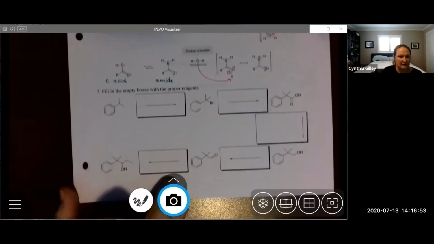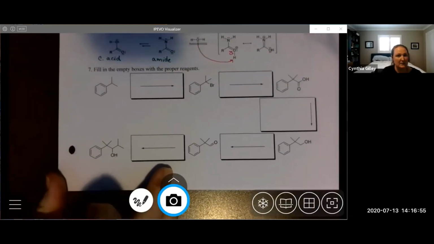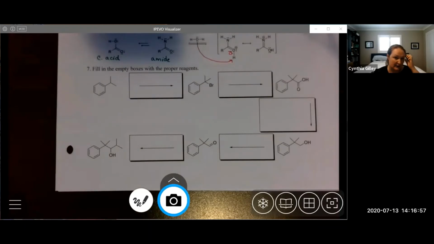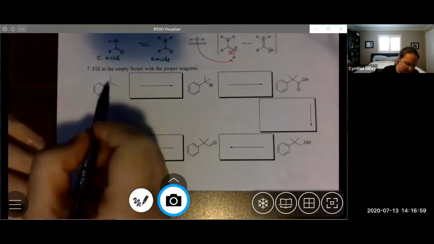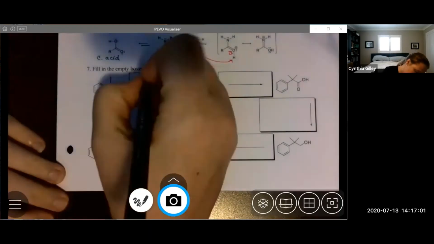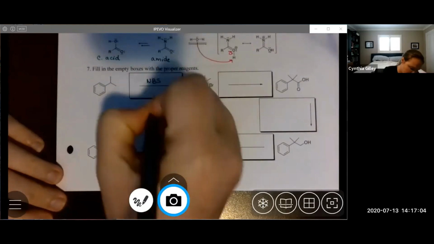Next part is filling in the empty boxes with the proper reagents. So to do a benzylic halogenation, yes, in either light or heat.